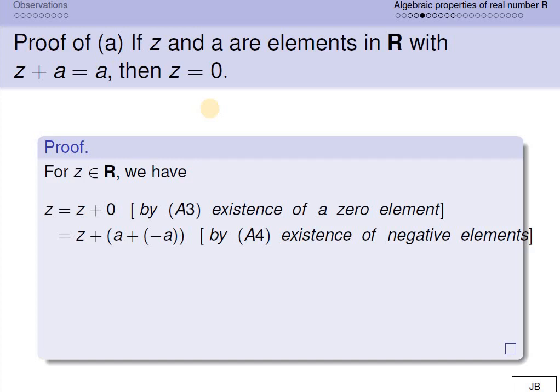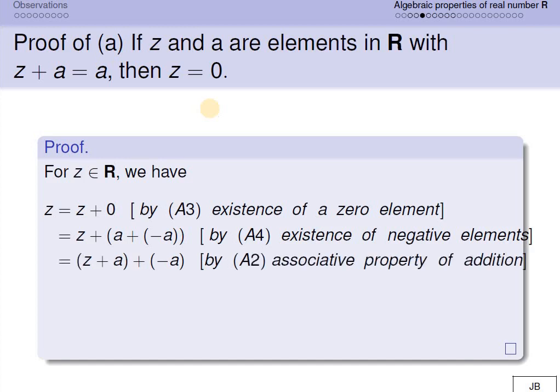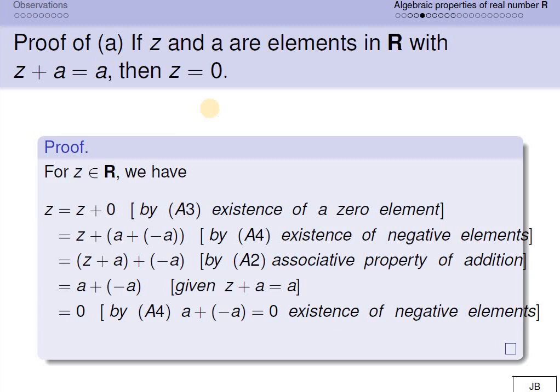Yes, we can change the bracket due to algebraic property A2, associativity. Now Z plus A is given to be A, so we put A, then it is A plus minus A, but A plus minus A is 0 by the existence of negative elements.